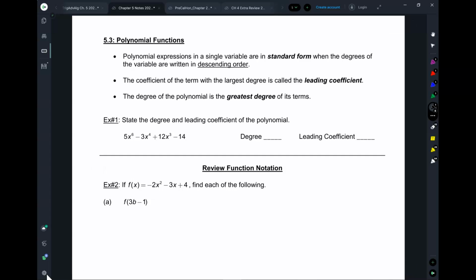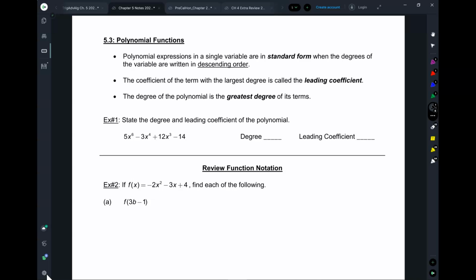In this section, we're going to talk about polynomial functions, right? Polynomial expressions are in standard form when the degrees are arranged in decreasing order.